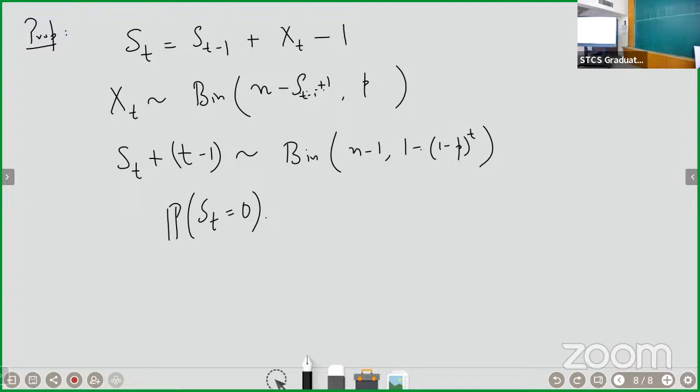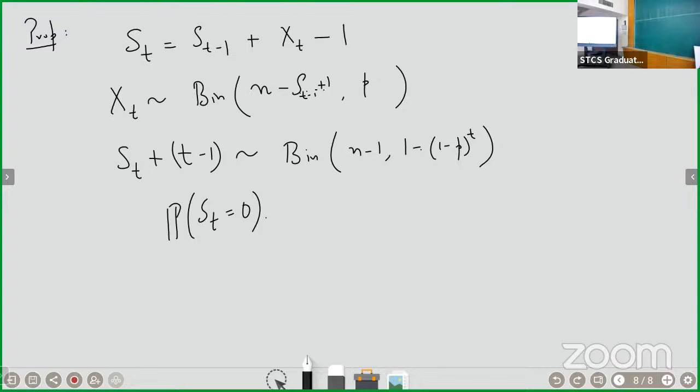S_t equal to 0 means that the binomial is hitting exactly t minus 1. That's not a difficult process.